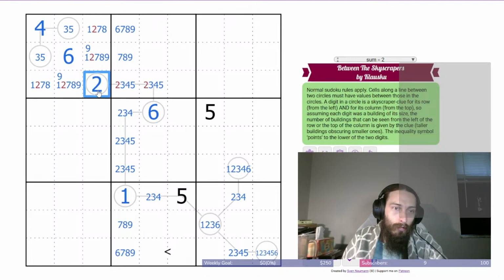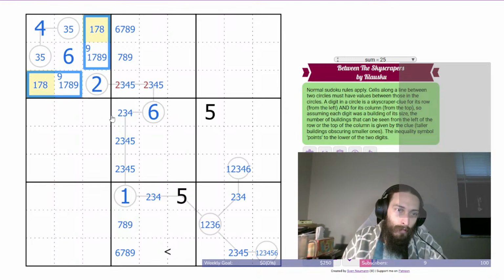Oh, right. Because we know that this digit is going to be seen. Right. Guaranteed. So that gives us a 2 in here. And now the 2 can't be seen.